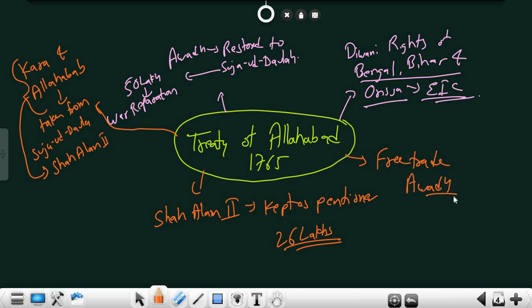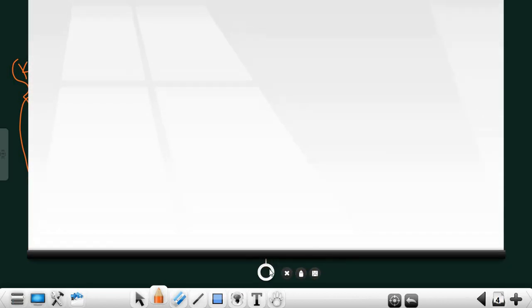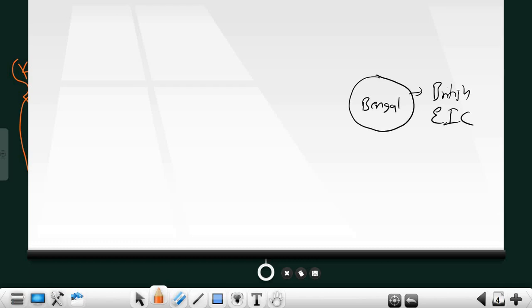So by this treaty, Britishers were basically trying to make Awadh a buffer state. So suppose that this area is Bengal, which is under the control of British East India Company.